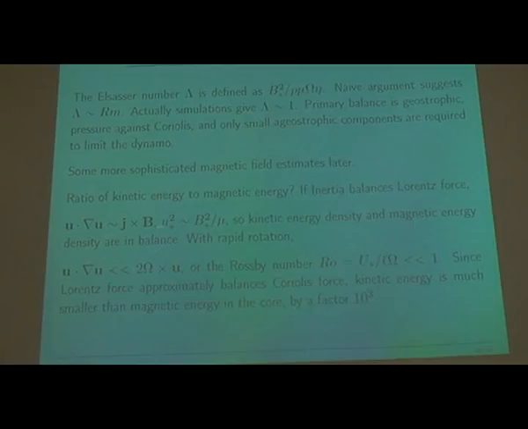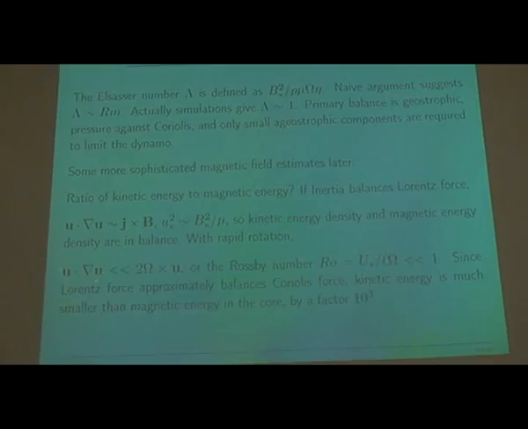Now, nothing like that is happening in the Earth's core. In the Earth's core, this term, the inertial acceleration, is really rather small compared to the Coriolis force. If you estimate the ratio of these two, it's the Rossby number, because you've got u squared over L there, and you've got u omega here, so the ratio is u over L omega.